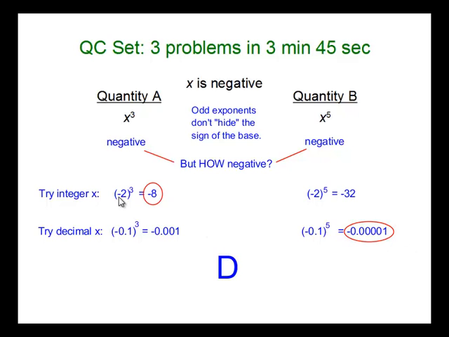And here's our proof of D. Sometimes A is bigger, sometimes B is bigger. If you're not quite as well versed in decimals, I would certainly do this one in the calculator as opposed to on paper. Easy enough to do. You could also use -1/2 and reach the same conclusion.